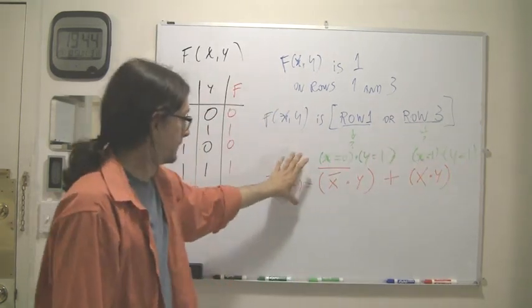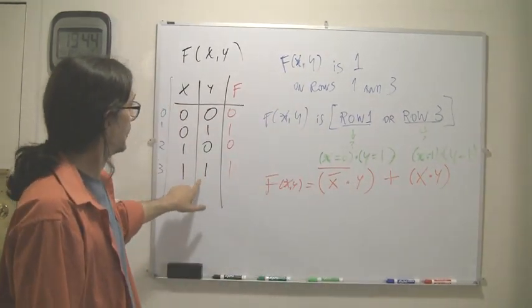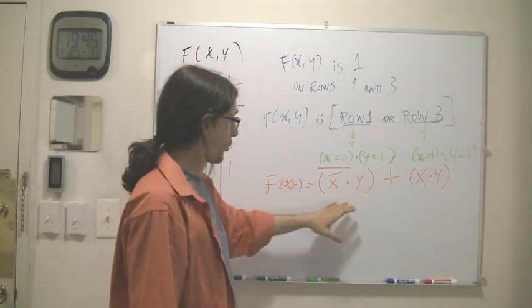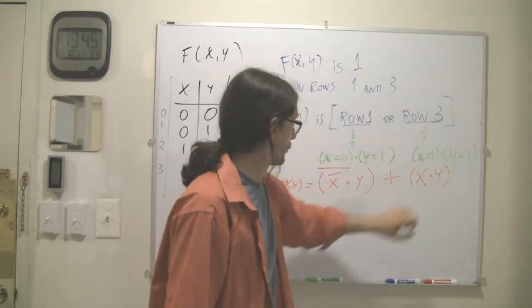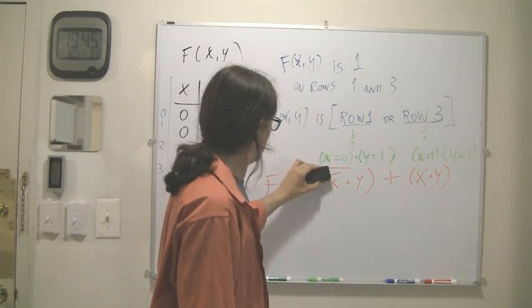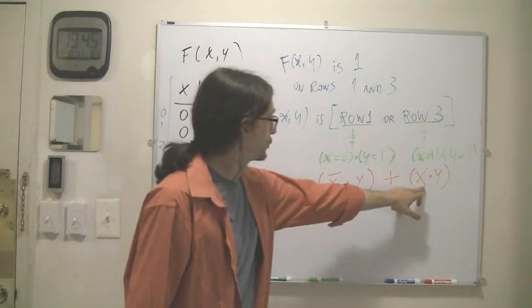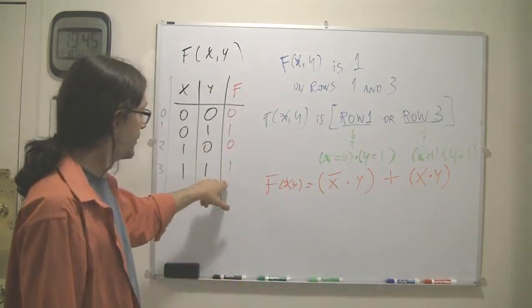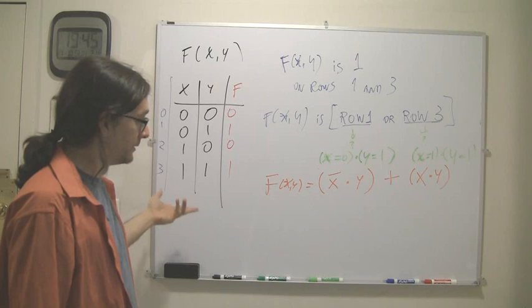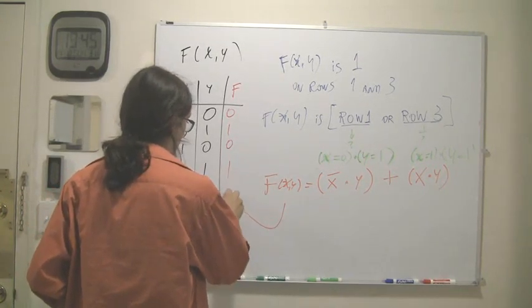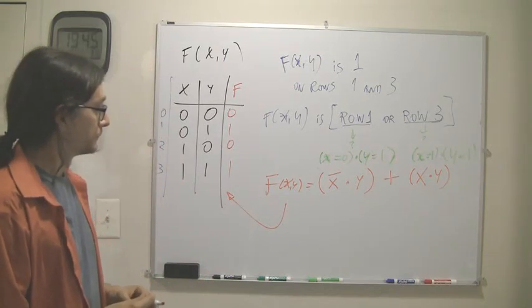This expression here has exactly this truth table, right? Because it can only be true if this is true or this is true. And this is true if and only if I'm in row 1. This is true if and only if I'm in row 3. And, well, that's exactly what function f says, right?